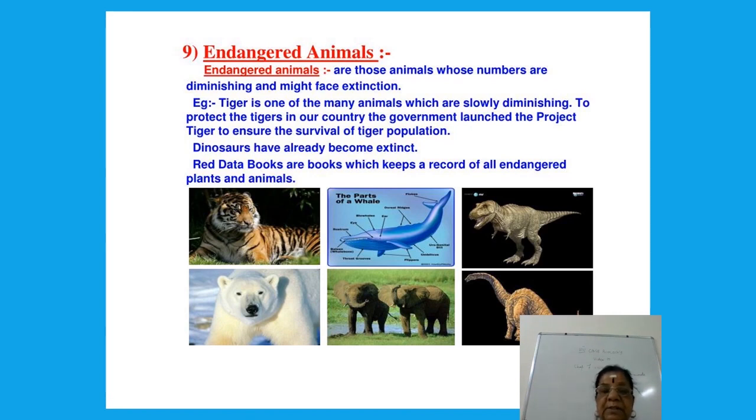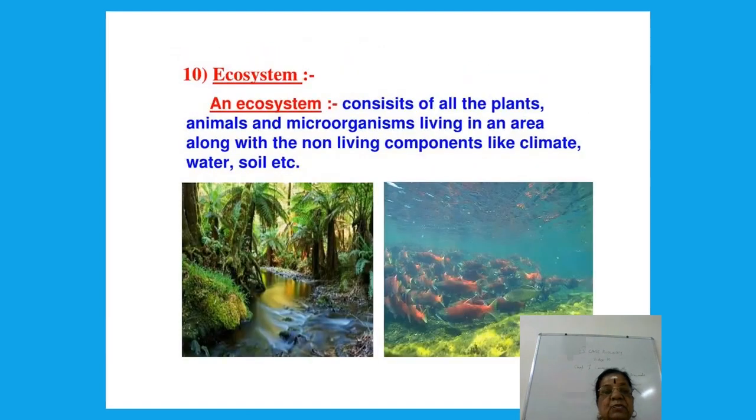Dinosaurs have already become extinct. Red data books are books which keep a record of all endangered plants and animals. I hope you are able to follow this. The next one is ecosystem.